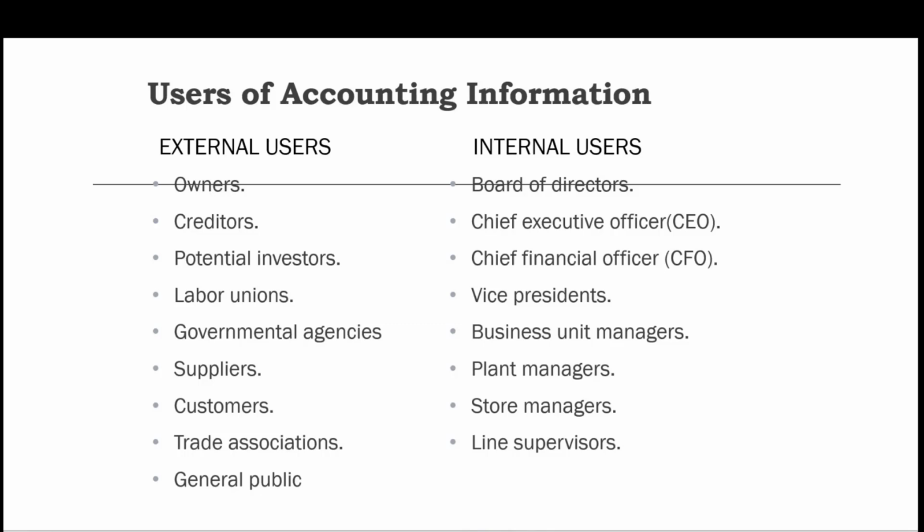So based on that, they say, okay, KwaZulu-Natal, we are making losses. In Gauteng, we are making profit. Maybe we should sell more to Gauteng than to KwaZulu-Natal. So based on the management information, they're actually able to make strategic decisions, based on the information that the management accountants are giving them, which the public doesn't have access to.